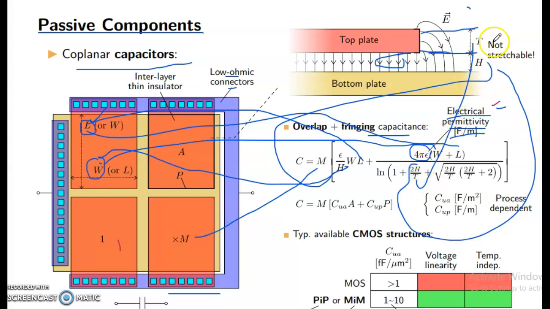So 2H for this much T, 2 times H for this T, and again here 2H for this T. Then multiply with the same, but plus add 2 here.